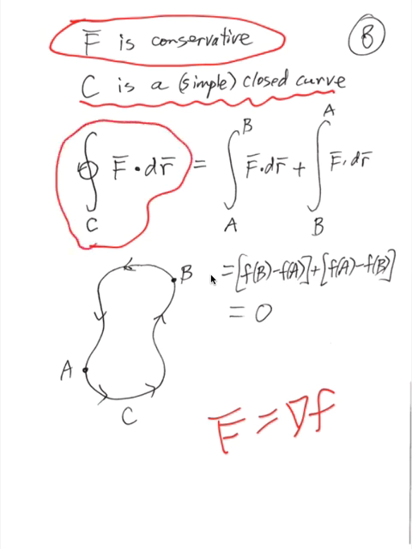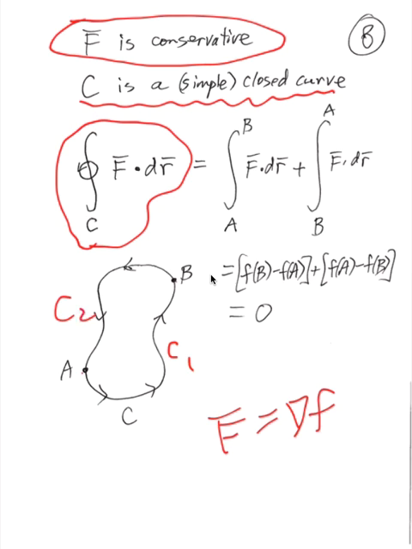Does that make sense? Here's how I'm thinking about it. I've got my simple closed curve, and let's say I've taken a point A on the simple closed curve and B on the simple closed curve. And I broke it up. This whole curve, I'm going to break up into part C1 and part C2.